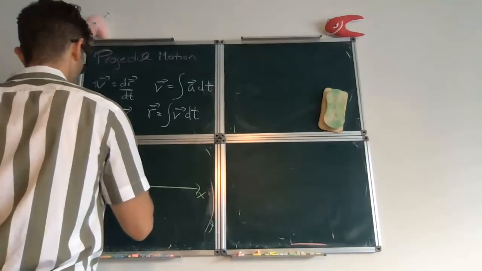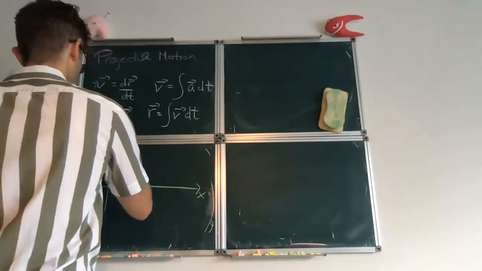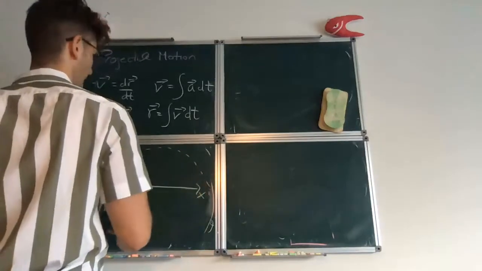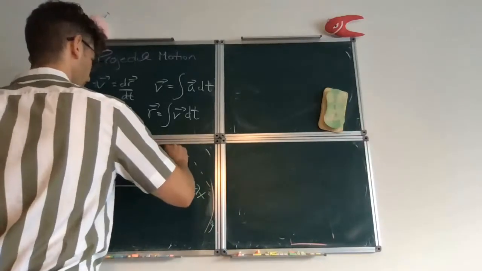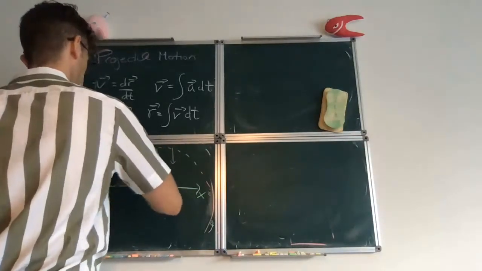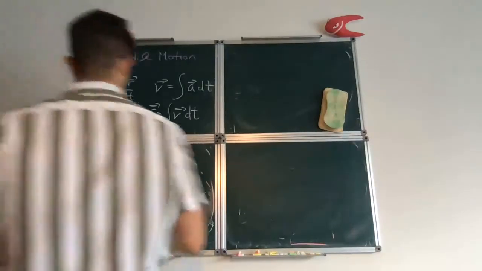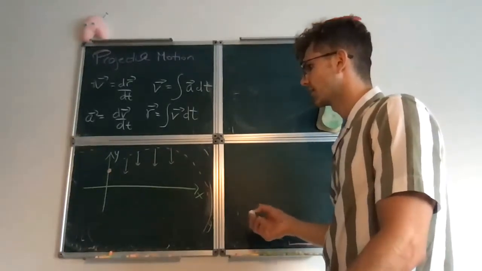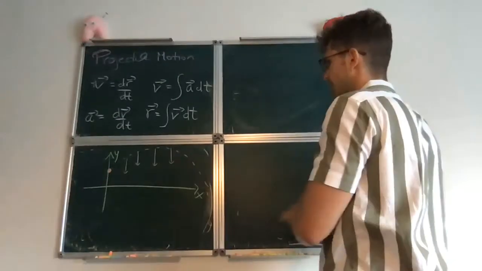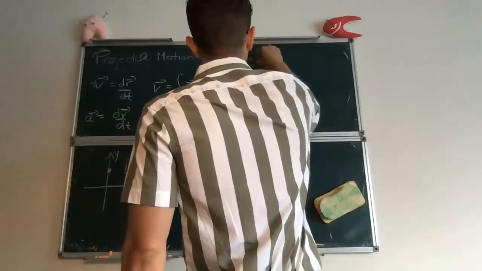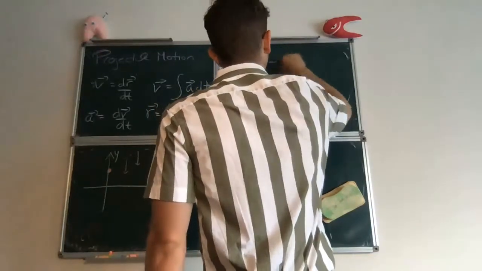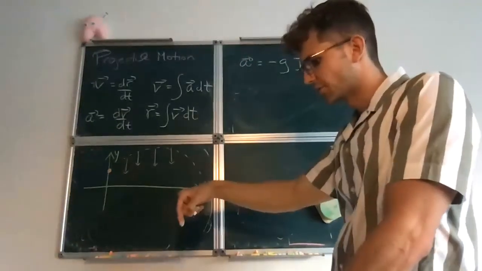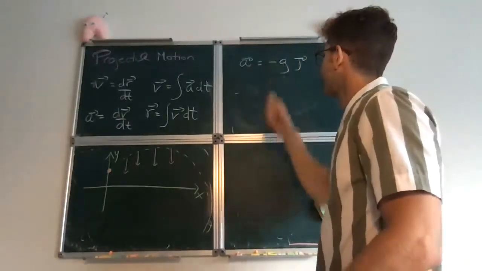So imagine that you throw the body from some initial point, and you want to find the position as a function of time. Well, in this case, as you may know already, the acceleration is just a constant called g, but pointing towards the floor. So that's why I'm putting a minus sign here.